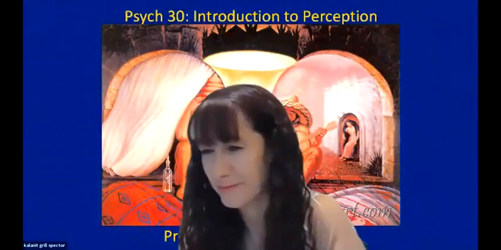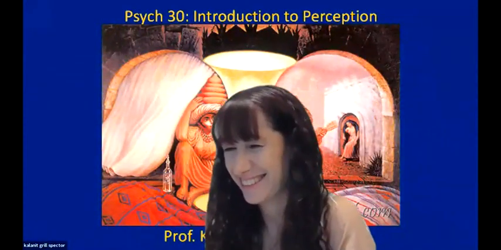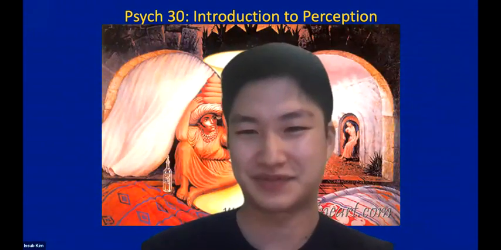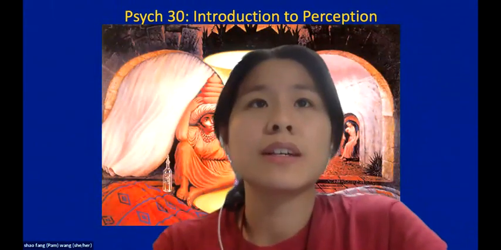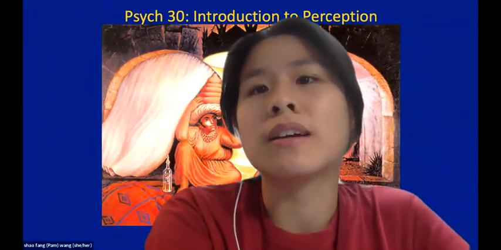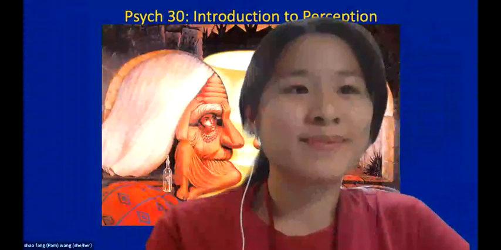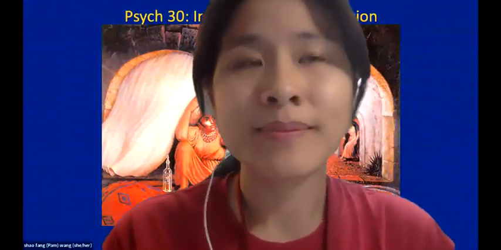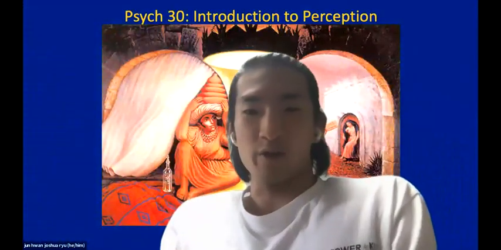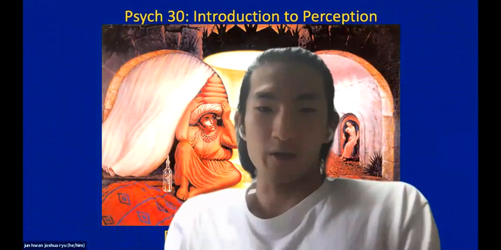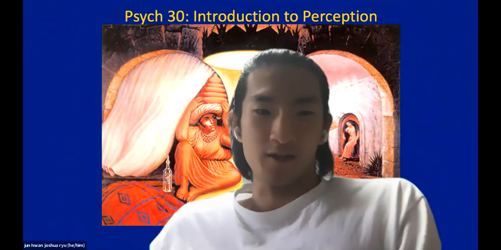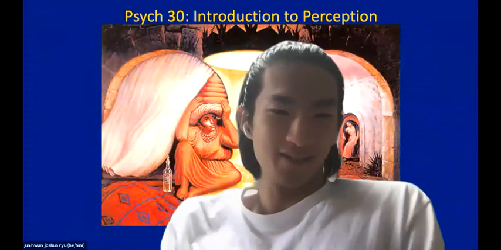I'm the 3rd TA for this class, and I'm a 2nd year graduate student working with Kalanit. Nice to meet you all. Hi, I'm a 6th year PhD student. I worked with Anthony, and nice to see you all. Hey guys, I'm Josh. I'm a 3rd year graduate student in the psychology department working with Justin Gardner. Nice to meet all of you guys.